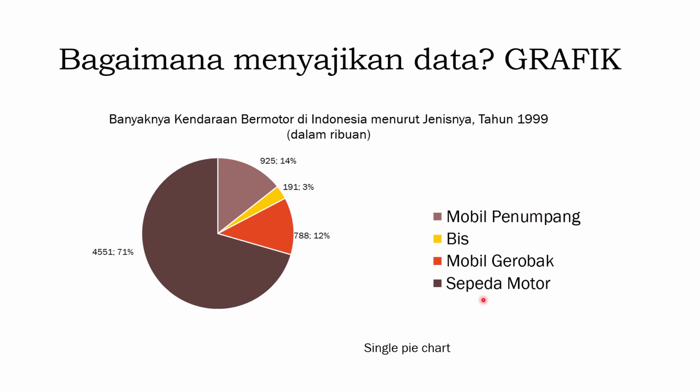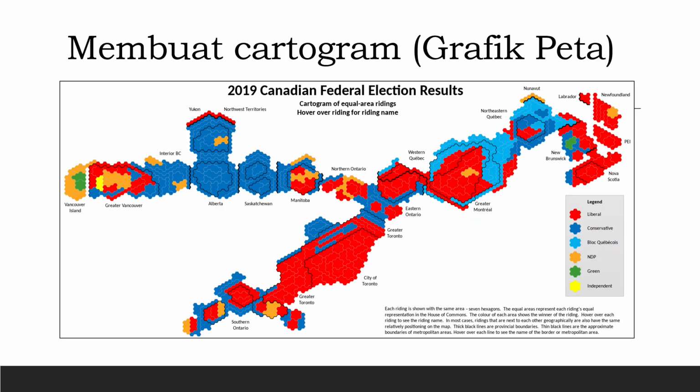For example, here we have 4 types of transportation mode, and we can see here that most of the transportation mode used in Indonesia in 1999 is motorcycle, for about 71%. So this single pie chart helps you directly to know the percentage value of the data.